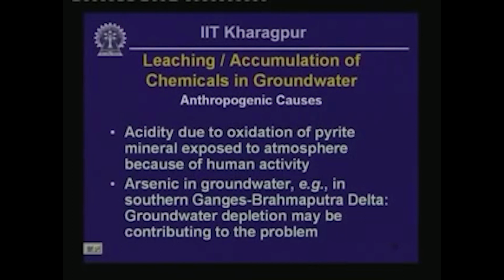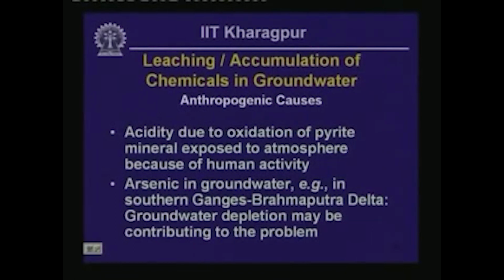Or leaching or accumulation of chemicals could take place in groundwater because of anthropogenic causes, because of human activities, such as acidity due to oxidation of pyrite minerals.